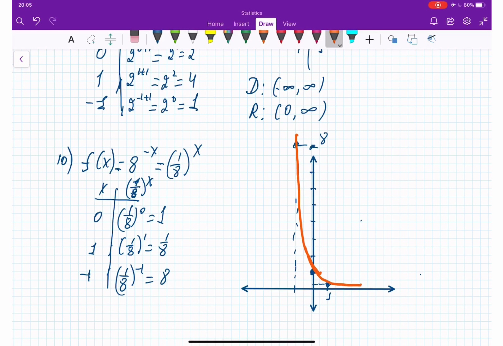And obviously domain is negative infinity to positive infinity, and range is going to start from 0, because this graph is running to 0, so it's going to be from 0 to positive infinity.